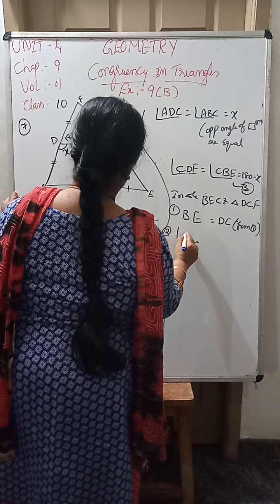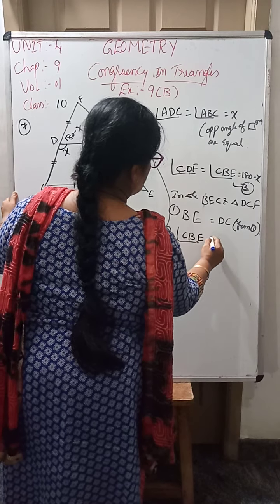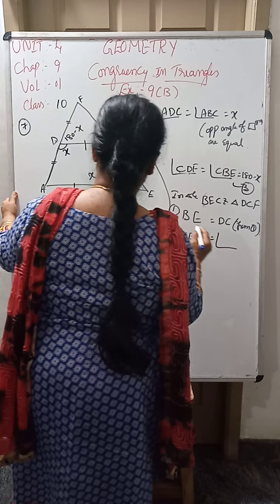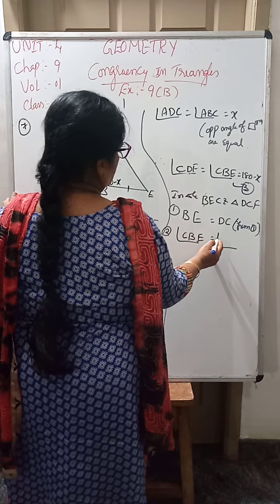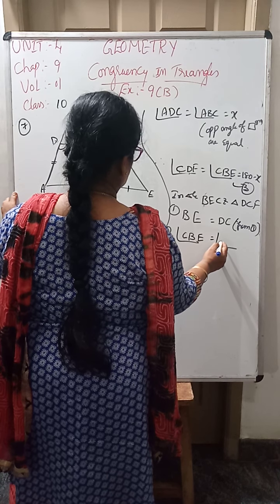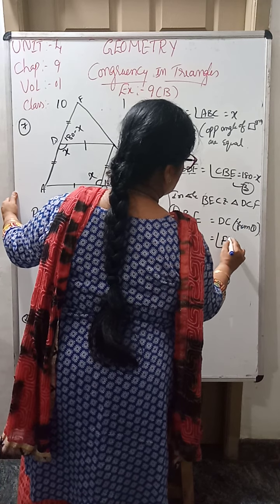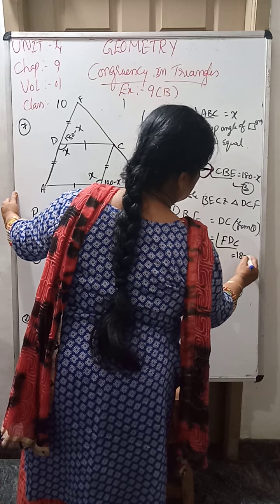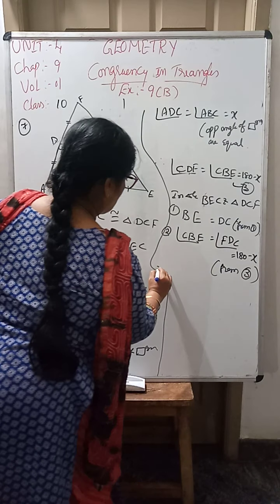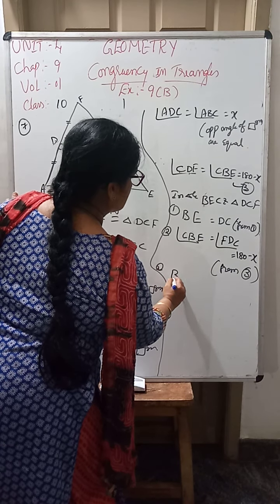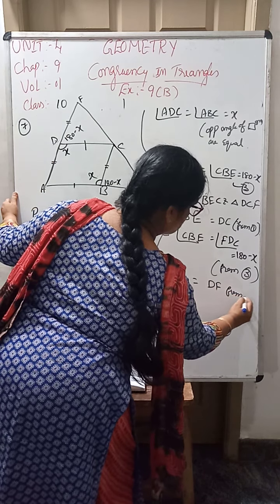Angle CBE is equal to angle FDC is equal to 180 minus x. Reason from 3. Now the third one: BC is equal to DF from 2.